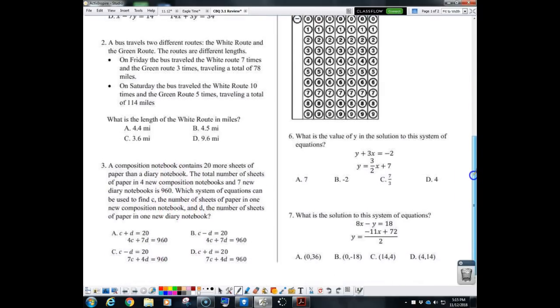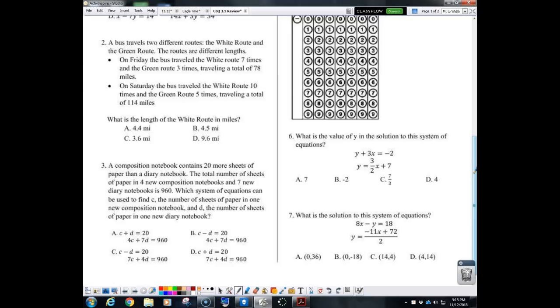They give us a situation and we need to solve our system. A bus travels two different routes, the white route and the green route. The routes are different lengths. On Friday, the bus traveled the white route 7 times and the green route 3 times, traveling a total of 78 miles.